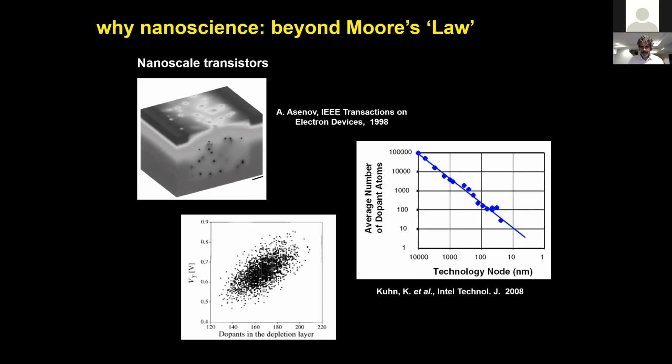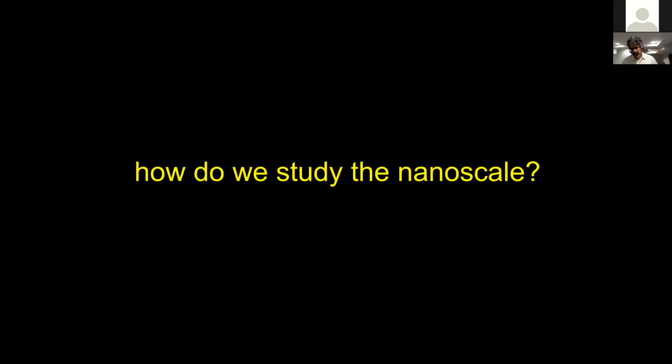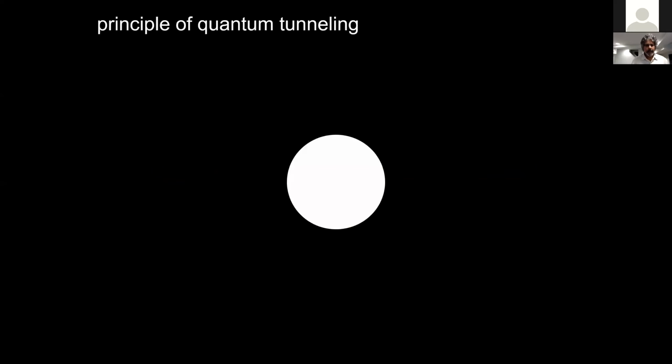Okay. So I want to tell you at a fun level how the tool that we use to study the nanoscale works. It's called the scanning tunneling microscope. Just at a qualitative level, let's unpack what we mean by tunneling. Tunneling is quantum tunneling, which is one of these weird aspects of quantum mechanics.